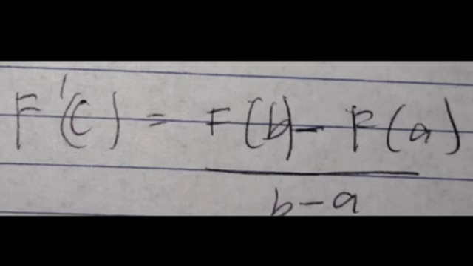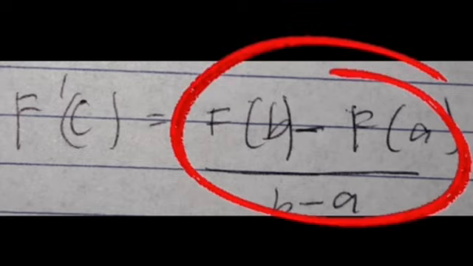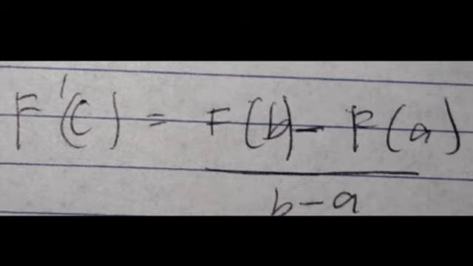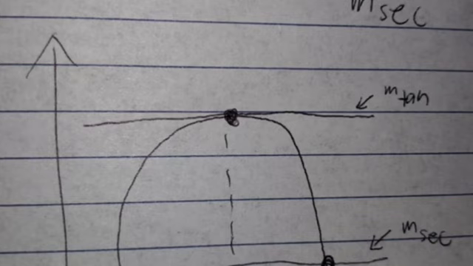The left side of this represents the instantaneous rate of change, which is the same as the slope of the tangent line. And on the other side, this part is the average rate of change, which represents the slope of the secant line. The secant line is the line that touches 2 points in a curve.